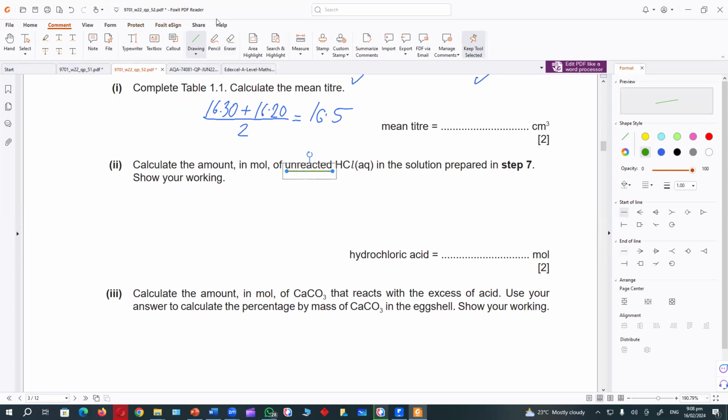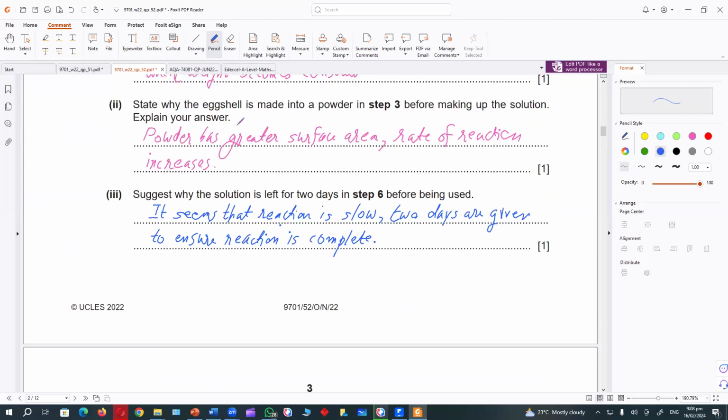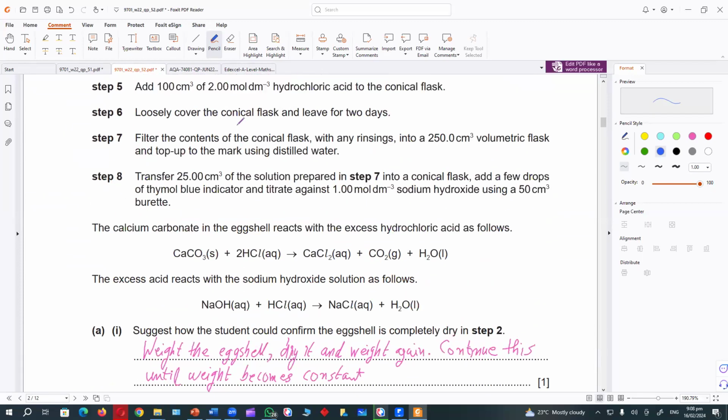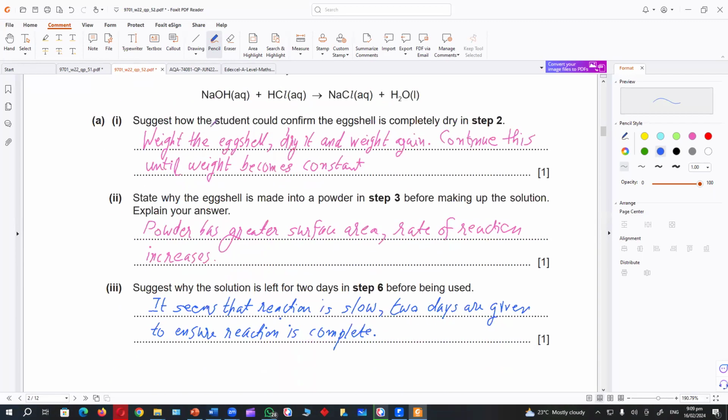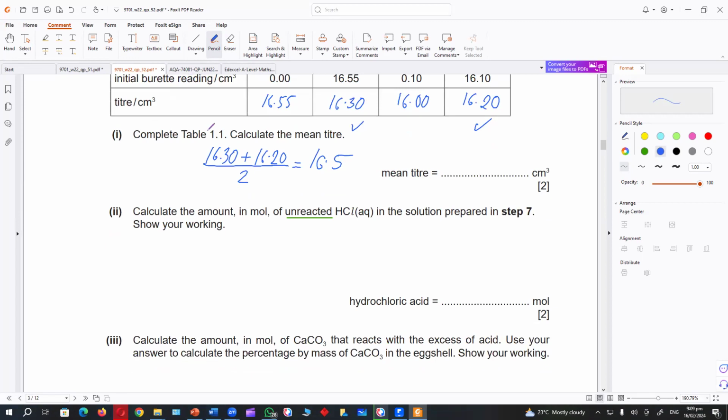If we are dealing with unreacted HCl, what is the concentration of NaOH? 1 mol/dm³, and using a 50 cm³ burette. But how do we get the volume of NaOH used? Is it this titre value? 16 cm³, yeah.